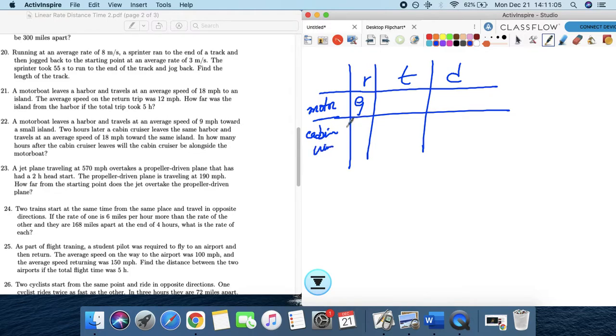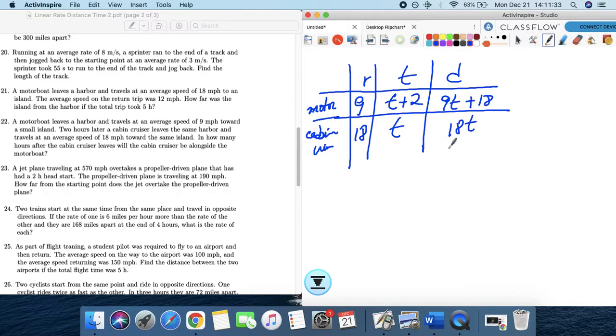The motorboat travels at 9. The cabin cruiser, ooh, much faster, travels at 18. It starts 2 hours later, so the motorboat had a 2 hour head start. I'll call the cruiser's time t. This would be 9t plus 18, and this would be just 18t.